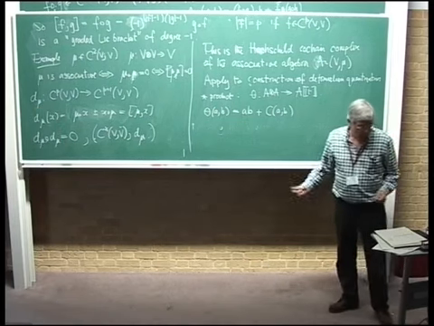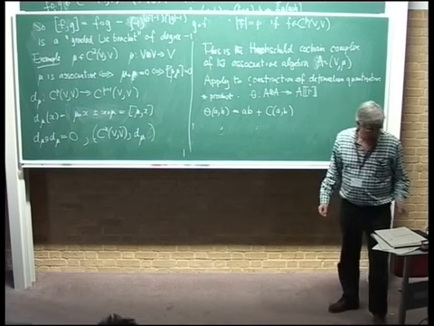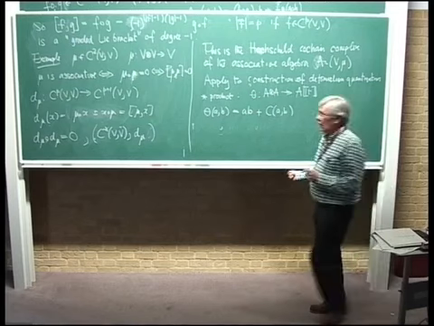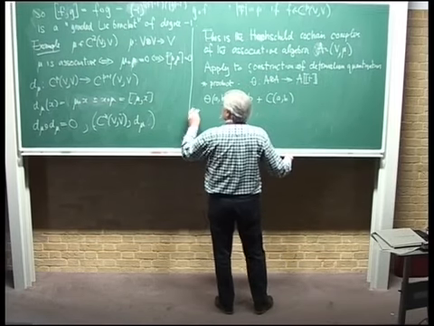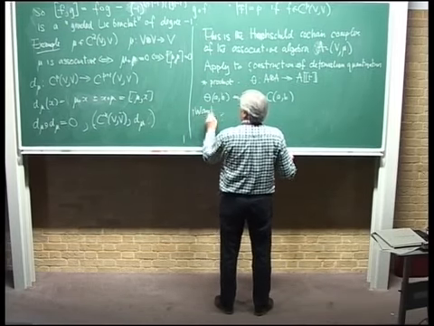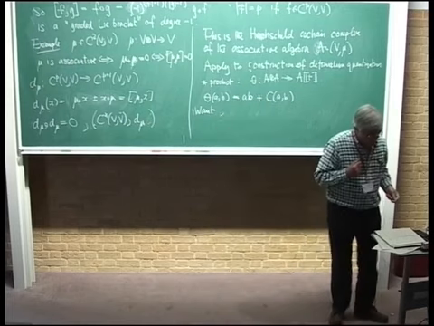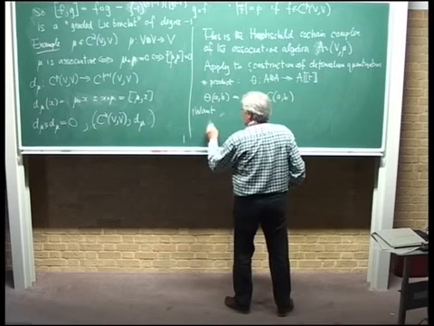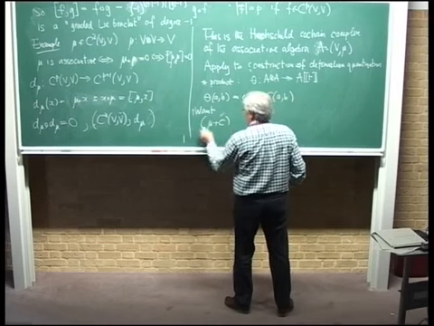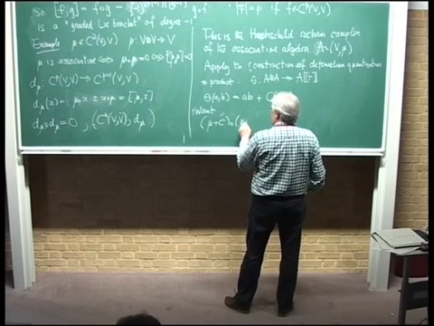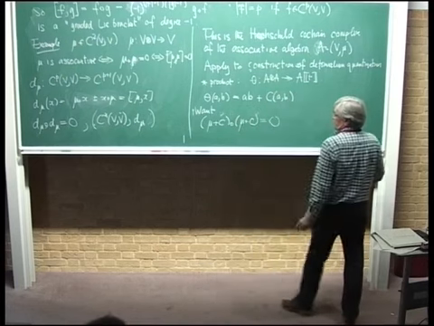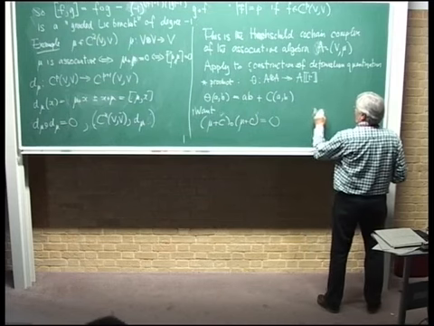Now what we want is that this is associative, so that mu plus c circle mu plus c is 0, where mu is the product.